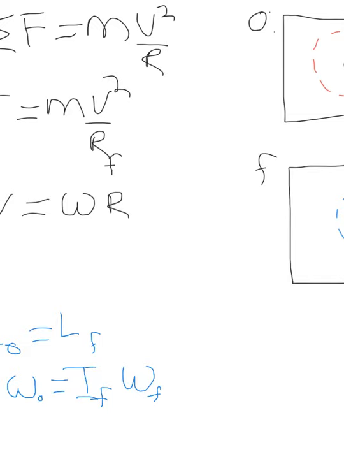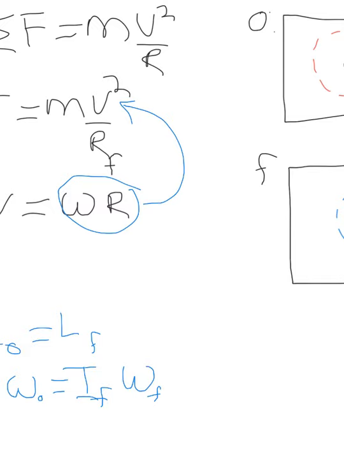All right, so if I plug in omega times r for v, that will enable me to get an equation for omega final, since this again is the tension and the r after you've reduced it in size.